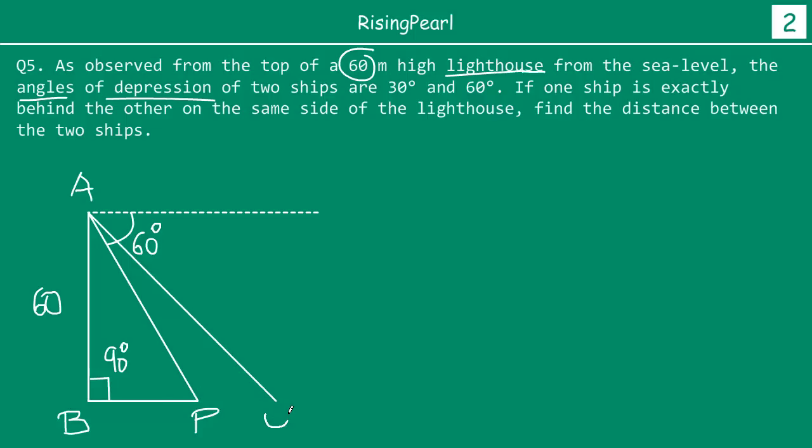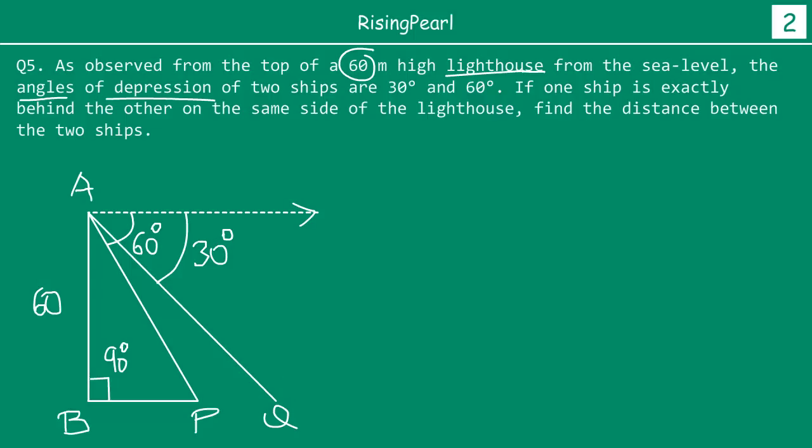Let's call this ship Q. The angle of depression for this ship, meaning the angle formed between the horizontal and the line of sight for this ship, is 30 degrees.